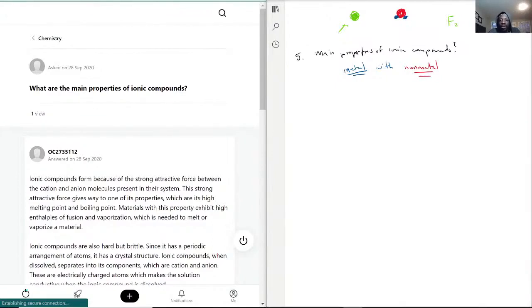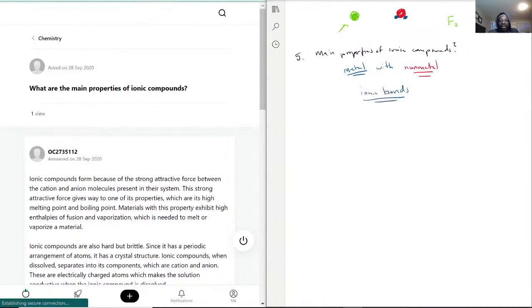When you see a molecule and the name, you want to check if there's a metallic part and a non-metallic part, because that will tell you right away that it's an ionic compound. So what comes with that? Because we have metal bonded with a non-metal, it goes a little bit deeper than that, but the point is that one of the properties is that they have, as you probably guessed, ionic bonds.